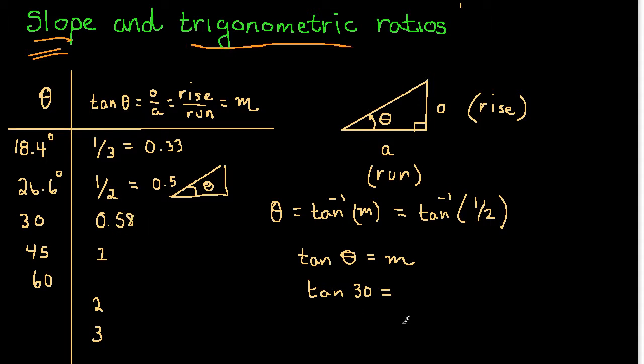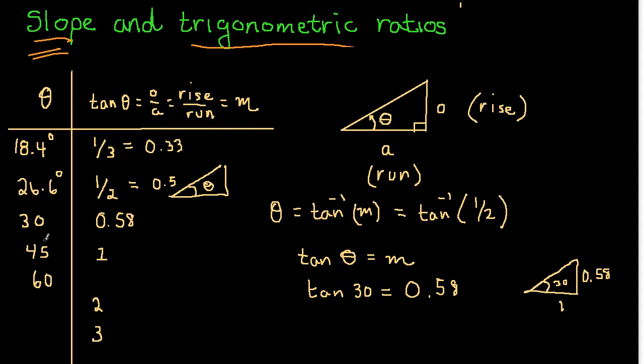So this tells us that if I increase my angle to 30 degrees, something like that, then O over A is going to be 0.58 to 1. Okay, so the ratio of these two sides is 0.58 to 1.